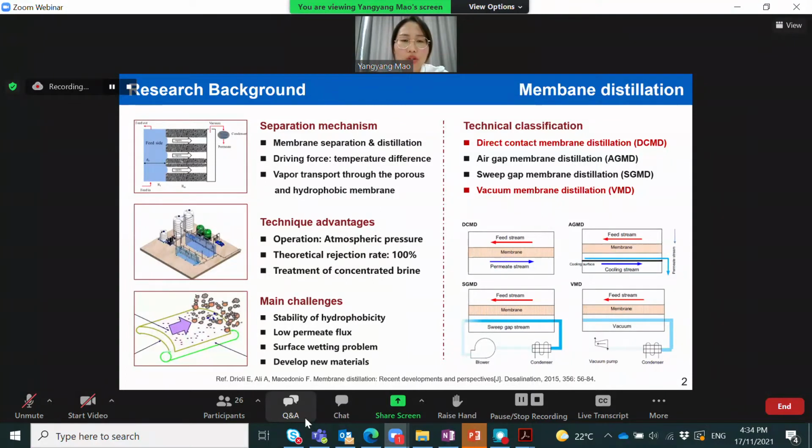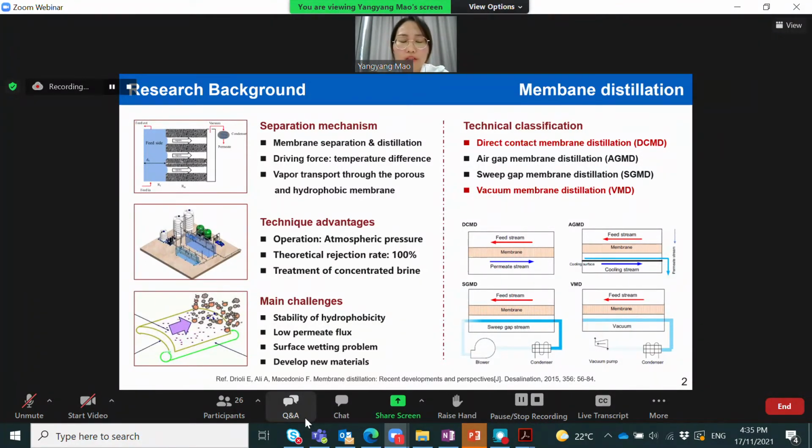We can also use this technique to treat concentrated brine. We often classify this technology into 4 kinds: DCMD, AGMD, SGMD, and VMD. In my work, I mainly studied DCMD and VMD.